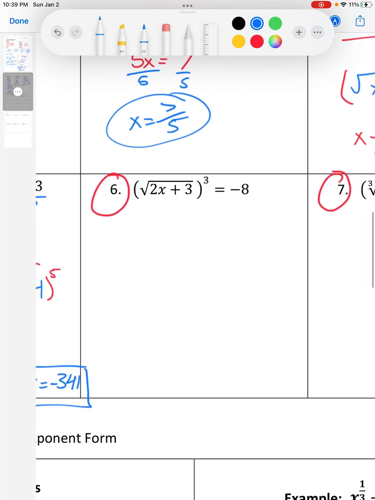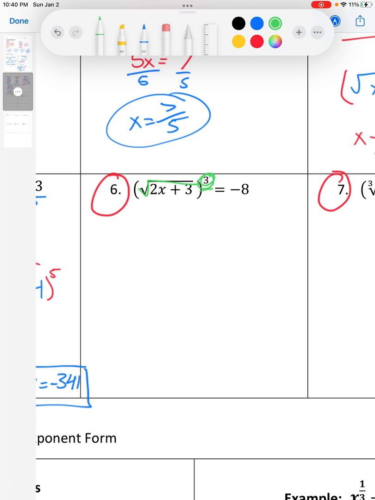Okay? These ones, why is this a little bit harder? Well, there's 2 aspects to it. We have an exponent, and we have a radical with an index. Well, what's the opposite of an exponent? Well, that's a radical.